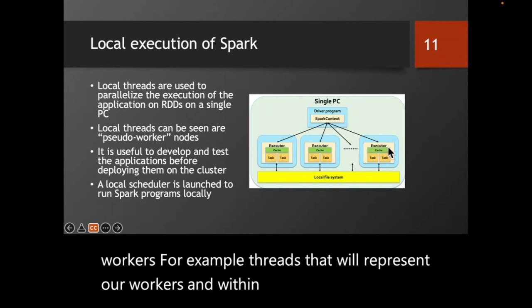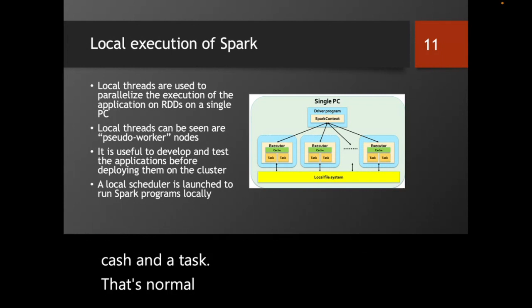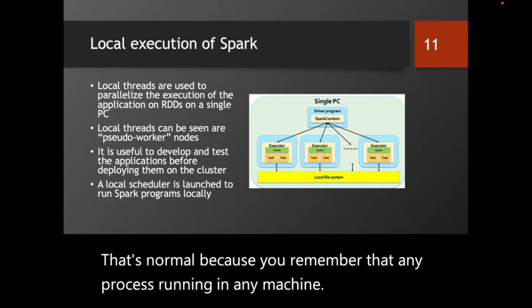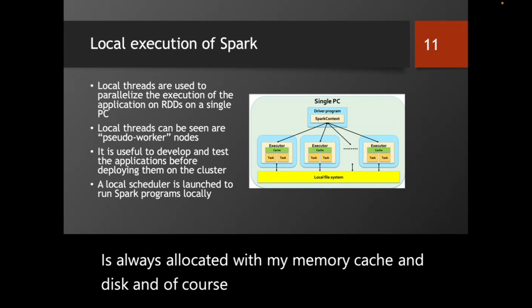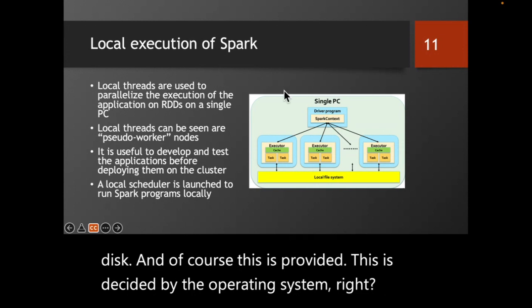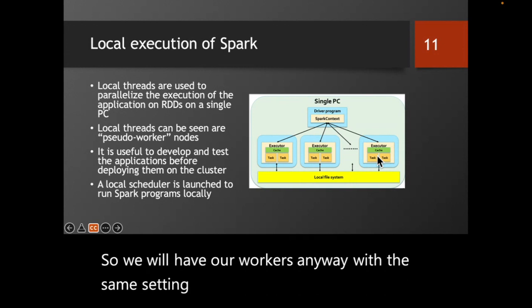And within those workers, we will have the executor, a space of cache, and a task. That's normal, because you remember that any process running in any machine is always allocated main memory, cache, and disk. And of course, this is decided by the operating system, right? So we will have our workers with the same setting as if we had different machines.